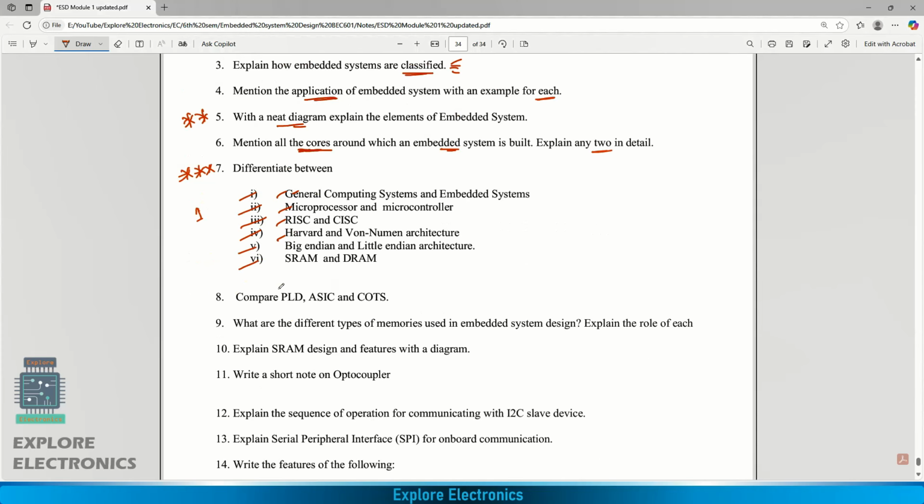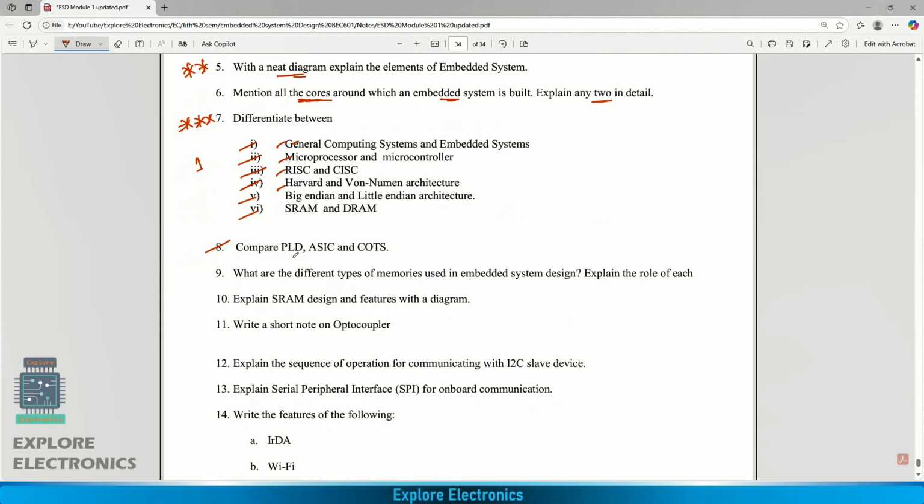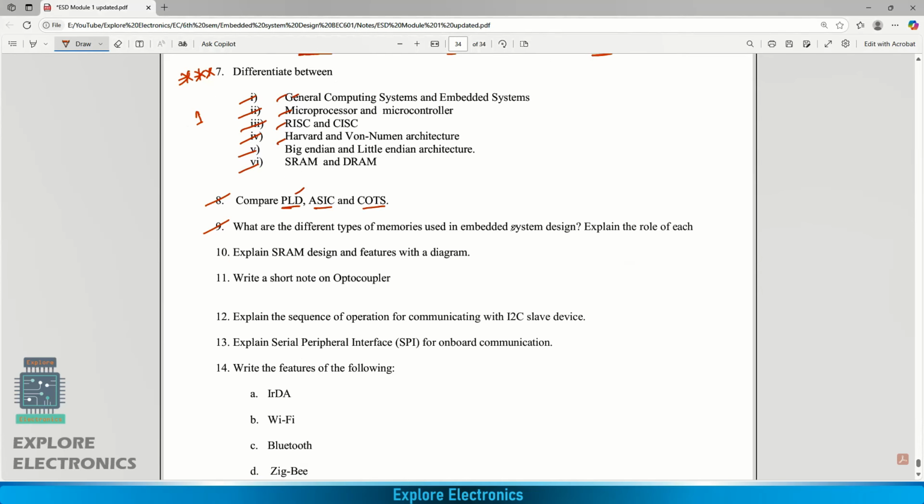Even in basic electronics we have seen these things. Then comparing programmable logic devices, ASICs and COTS can be asked, and the different types of programmable logic devices, FPGA, CPLD, can be the questions. Then what are the different types of memories used, RAM and ROM. Again in ROM there are programmable ROMs, and in RAM there are SRAM and DRAMs.